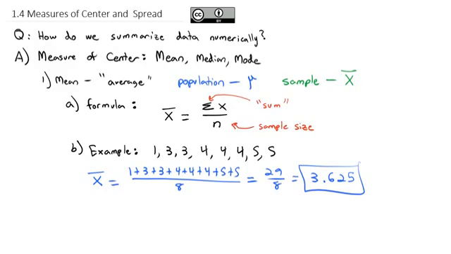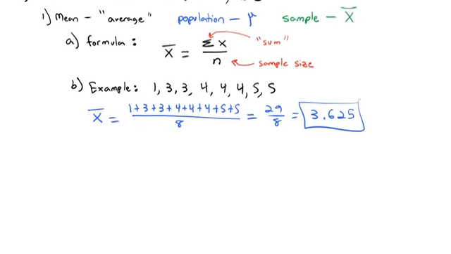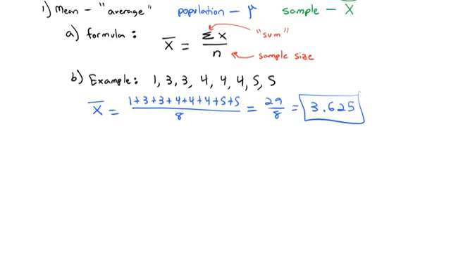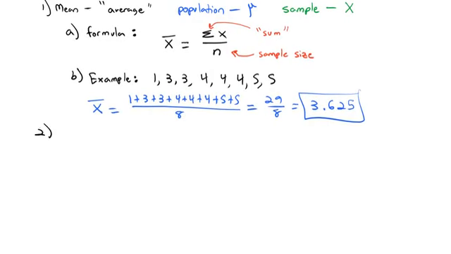Most students are familiar with that mean formula, but one tweak we can do to it, and we quite often have in statistics, let's call this C because we're still under mean, is if we have frequencies. So we've already seen one formula for the mean, the sum of the x's divided by the n.